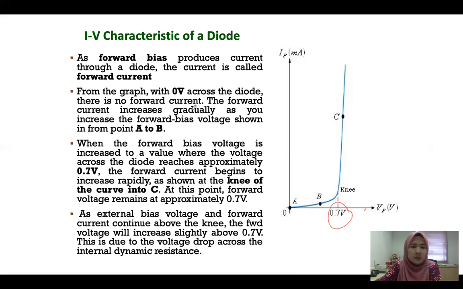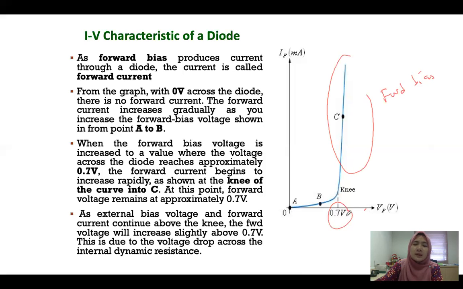You can read this by yourself. But what I want to show you is that the forward bias depends on the material of the diode. This is silicon, so the knee voltage is 0.7. This part we call the forward bias.